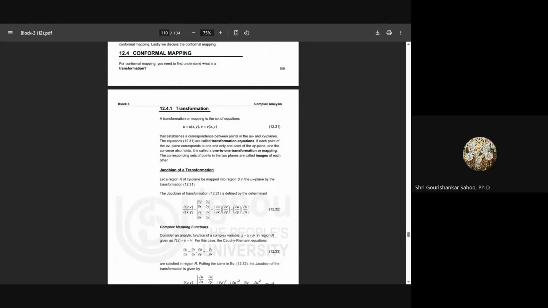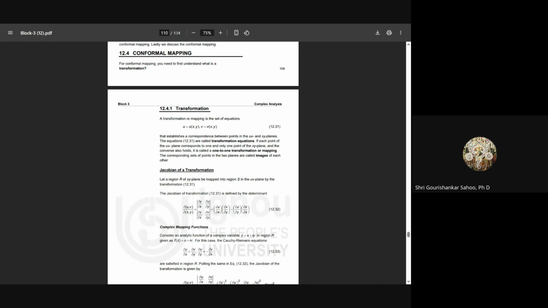Then conformal mapping. For conformal mapping, you need to first understand what is transformation. A transformation or mapping is the set of equations u is equal to u(x,y), v is equal to v(x,y), which are functions of x comma y, and that establishes a correspondence between points in the uv and xy planes. The equations are called transformation equations.